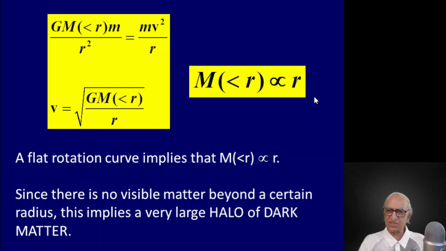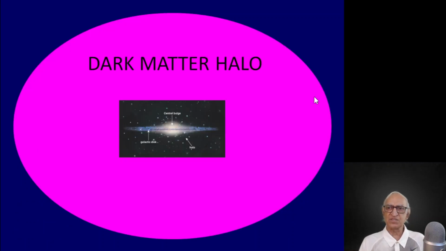So what is this mysterious mass? This mysterious mass is given the name dark matter. So there is our galaxy. Beyond the galaxy, you would expect the rotation curve to drop as 1 over square root of r, according to Newton's laws or Kepler's laws.